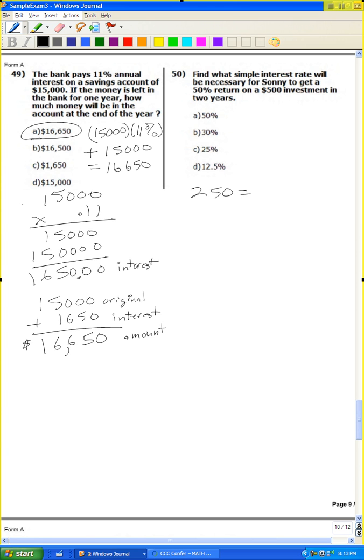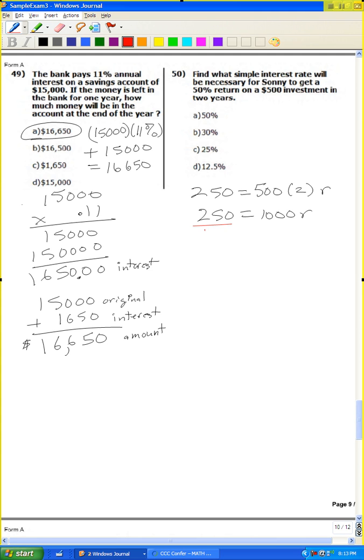And so you originally put in $500 for 2 years at an interest rate of R% per year. Let's figure out what the interest rate has to be. And so 2 times 500 is 1,000.